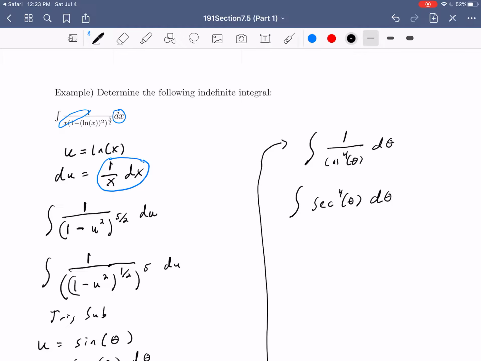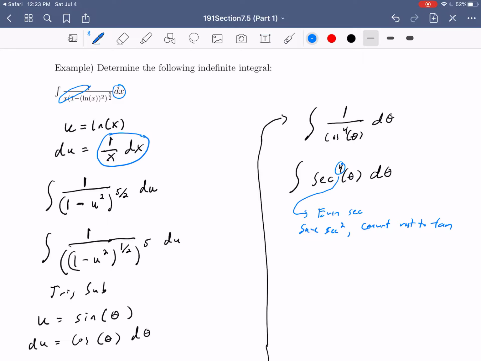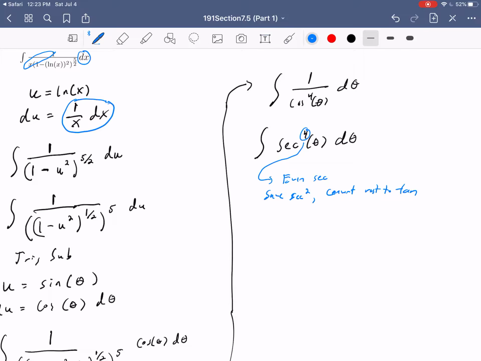This is great. We said that when you're working with secants and tangents, you want even secants or odd tangents. So this is good. Even secant, right? We said save secant squared, convert the rest to tangent. So we're going to save a secant squared, then convert the rest into tangent and do u equals tangent.